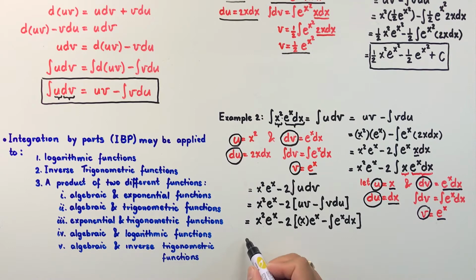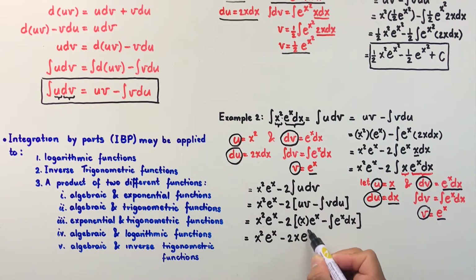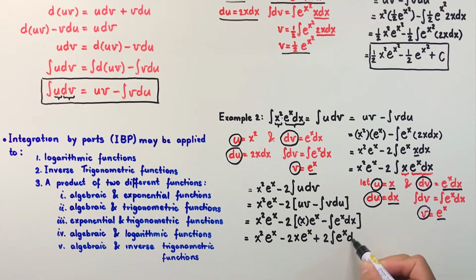So simplifying our answer, we have x squared e to the power x minus 2x e to the power x, and we know that minus 2 times minus becomes positive 2 times the integral of e to the power x dx. And looking at this integrand, we know that this is very easy to integrate.